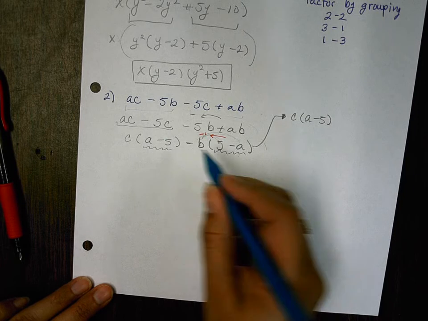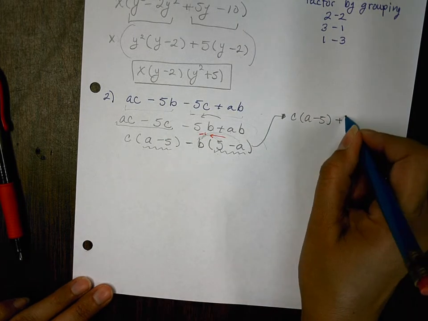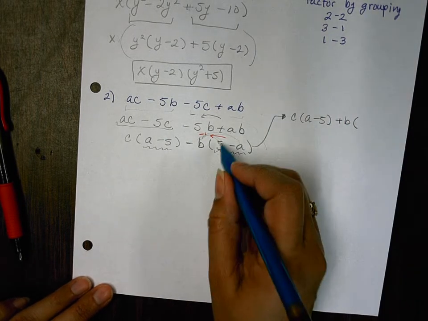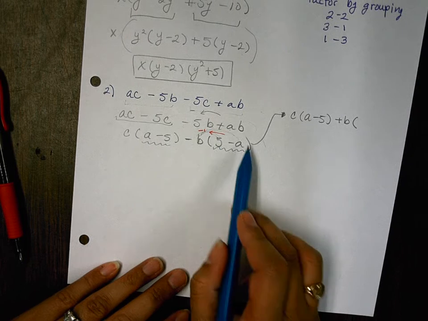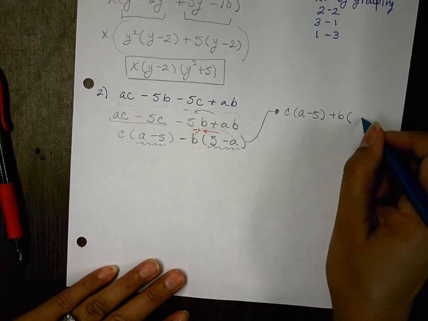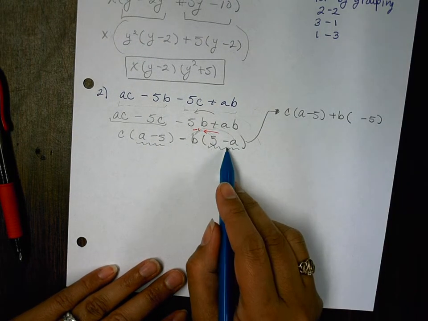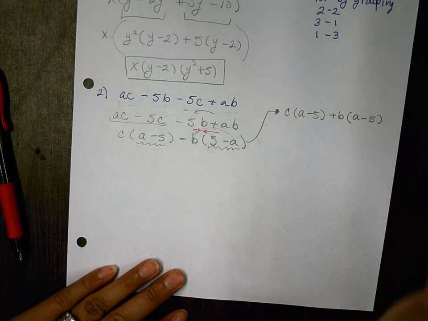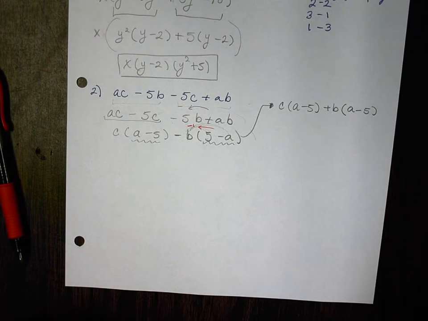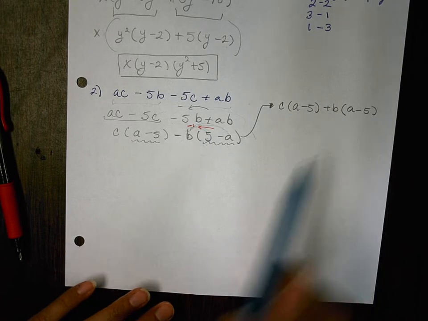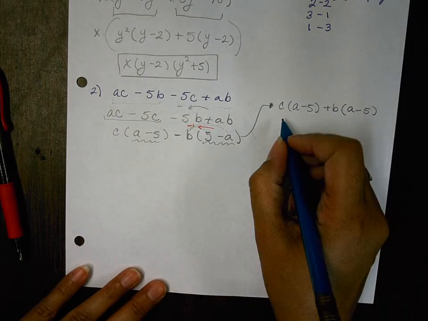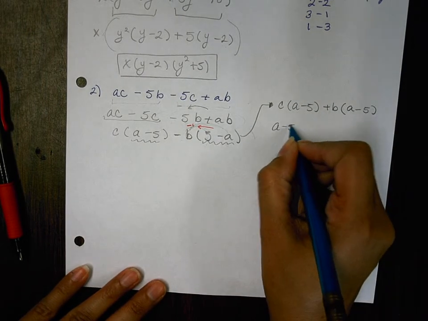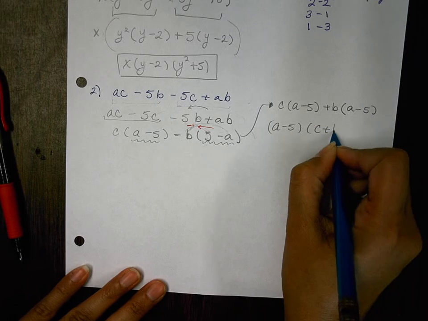You're taking out a negative 1, which makes that minus a positive B, and remember opposites, you learned this last year, they flip around. The opposite of 5 is negative 5, and the opposite of negative A is positive A. When you take out a negative, it flips the signs. So now I can take out an A minus 5, leaving behind a C plus B.